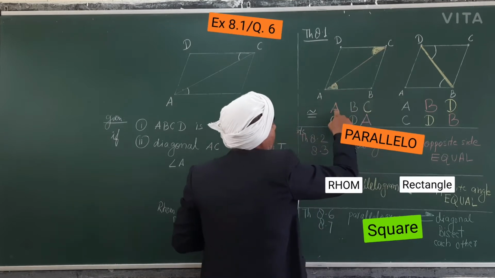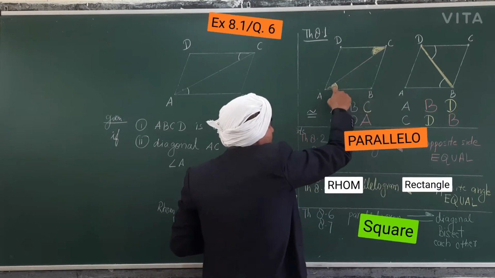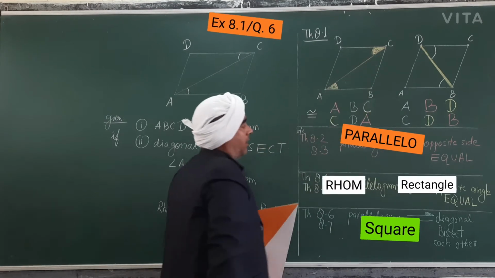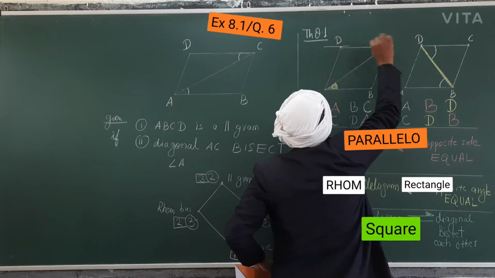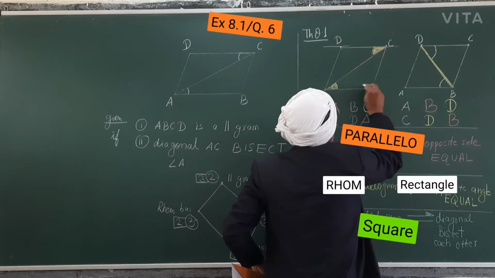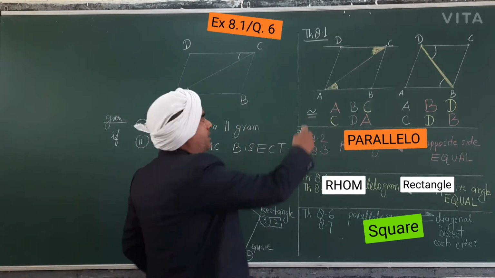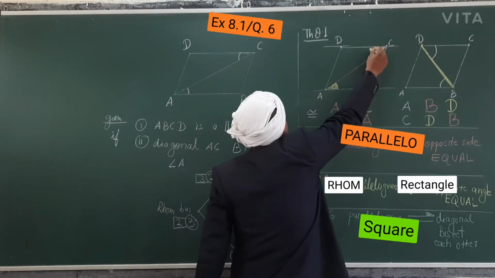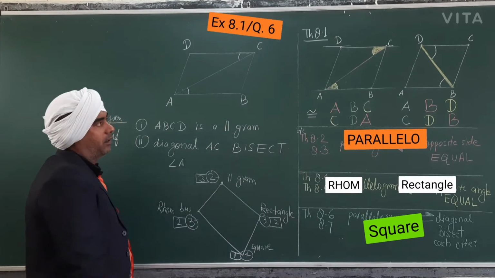Angle A means of this small one, this angle is equal to its opposite. These two lines are parallel, and AC is intersecting, so these are alternate interior angles. So these are equal.